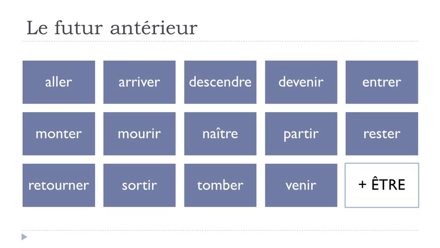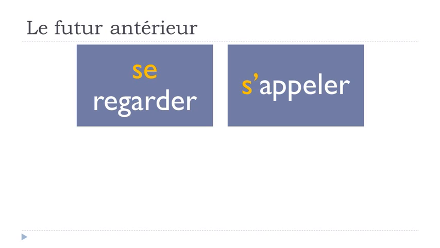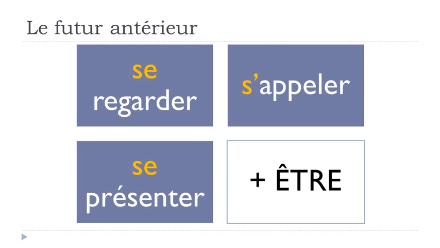And then when we talk about être, of course, as usual in French, for these composed tenses, all the reflexive verbs like se something, so se regarder, for instance, or s'appeler, or se présenter, will all the time require être, okay?